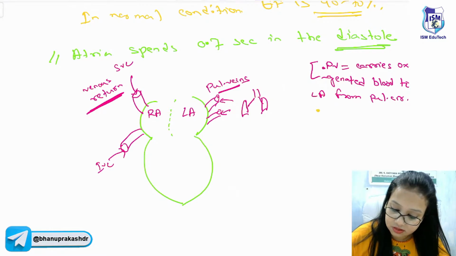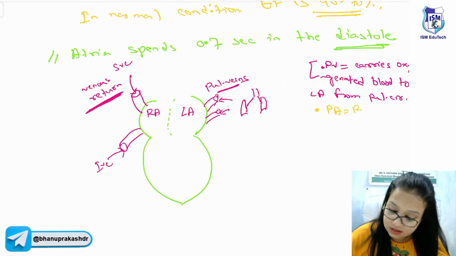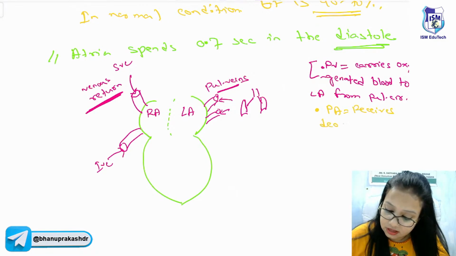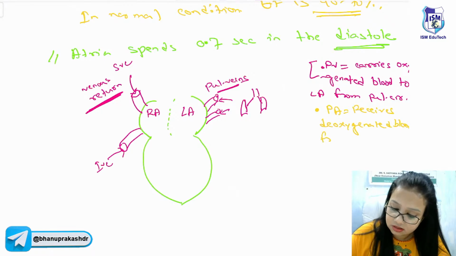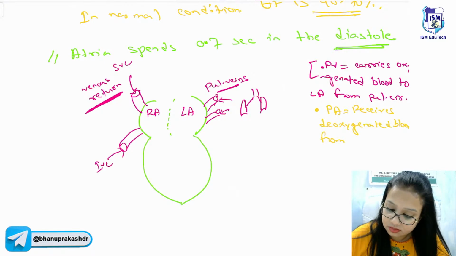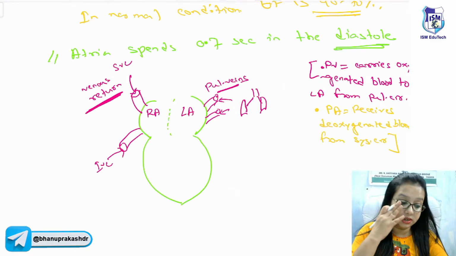Whereas the pulmonary artery, what does it do? It receives deoxygenated blood from the systemic circulation, which is the venous return, right? This is the only deviation.